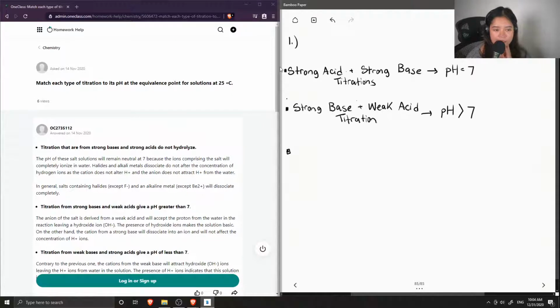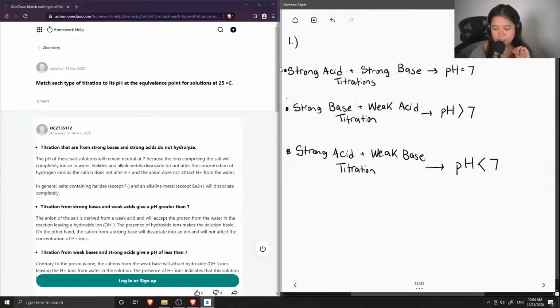And then lastly, we could have a strong acid and weak base titration. And the equivalence point for these types of titrations will be less than 7.